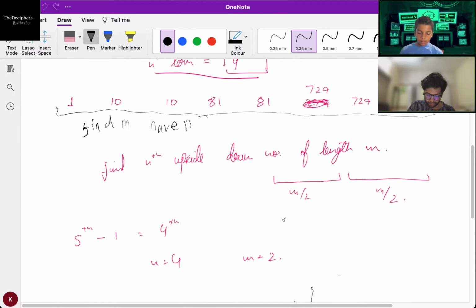So if n is equal to 4, what will be the first digit? It would just be 4, right? I think.